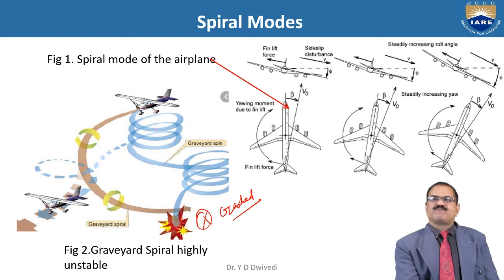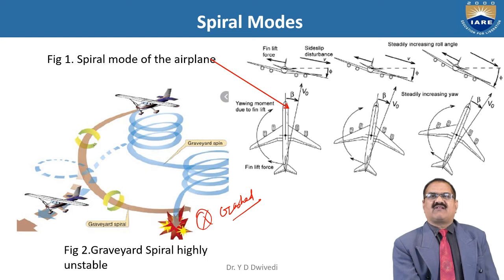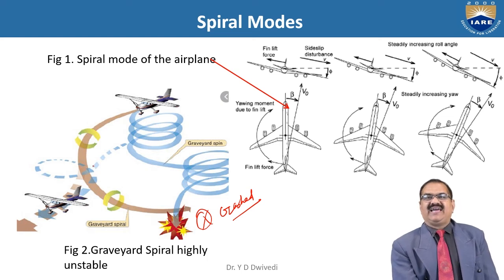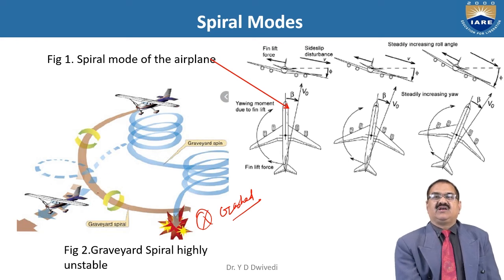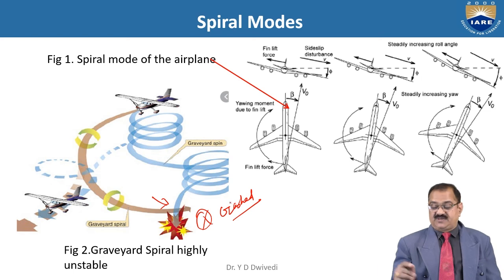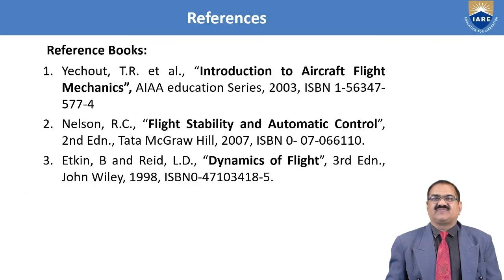In the second case, you are flying the aircraft, you gave a little roll, the pilot is able to control, you come here, again here roll has happened, but the roll angle has increased from the required condition, and the aircraft has again reached the graveyard spiral and a crash will happen. So spiral modes are very dangerous. The pilot tries to control this spiral mode so that the aircraft is safe in flying.